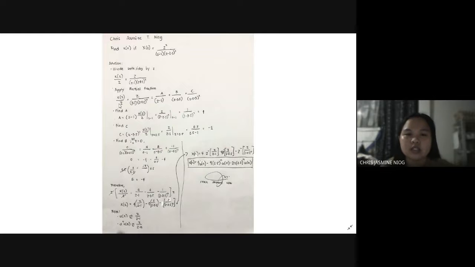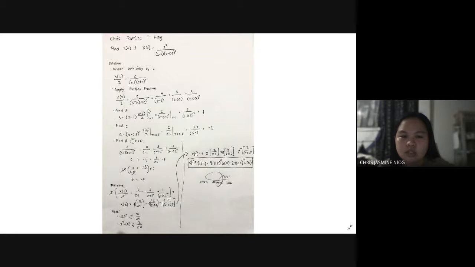X of z over z is equal to z over z minus 1 times z minus 0.5 squared, which is equal to A over z minus 1, plus B over z minus 0.5, plus C over z minus 0.5 squared. First, let's find A. A is equal to z minus 1 times X of z over z, where z is equal to 1.